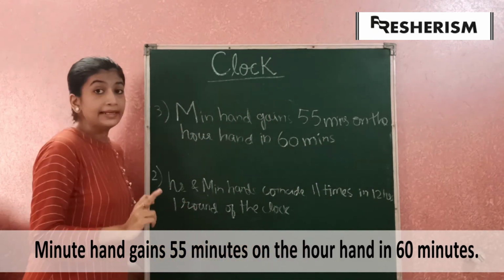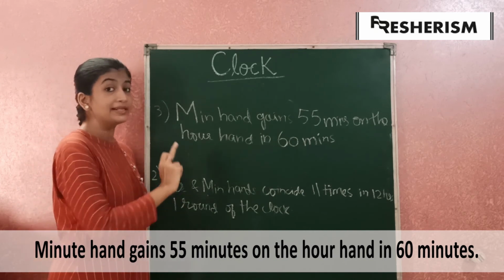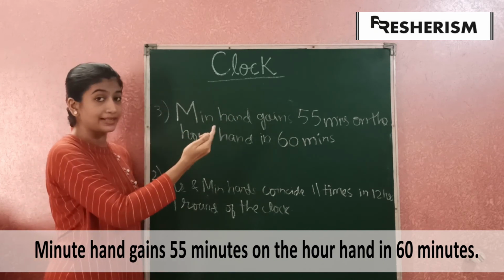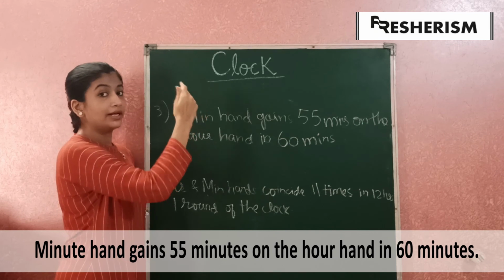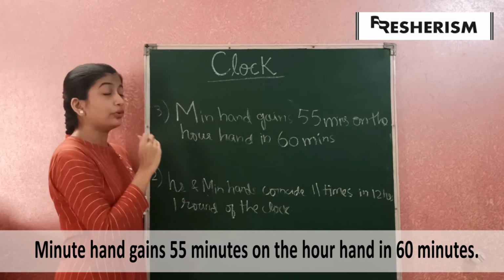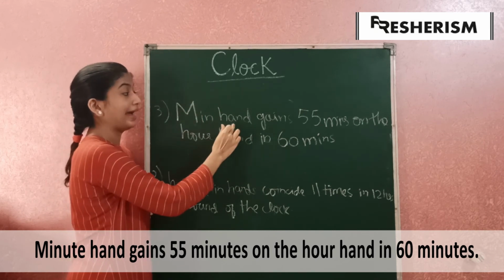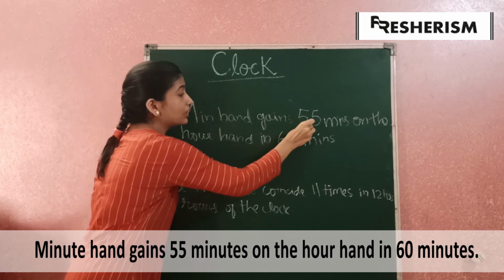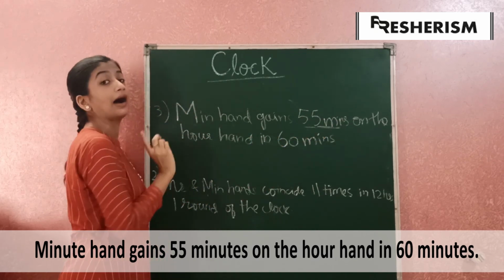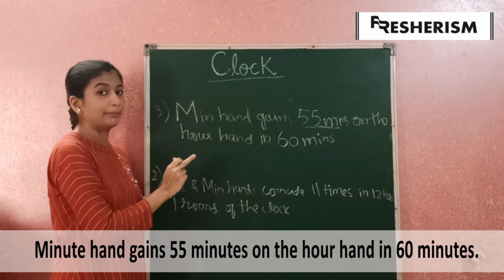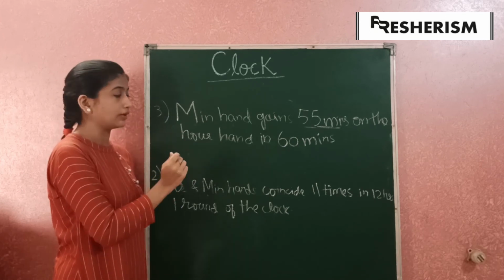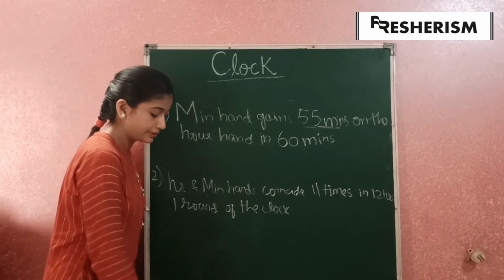So when the minute hand completes one round from 12 till 12, during that duration the minute hand gains 55 minutes on the hour hand. This should be remembered.